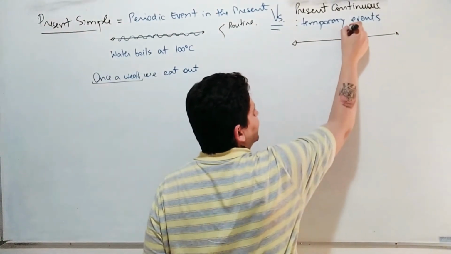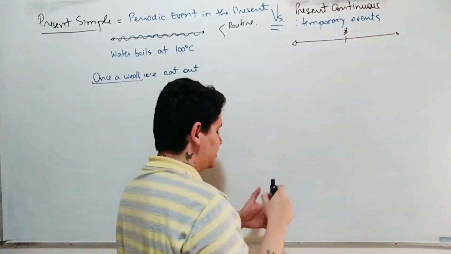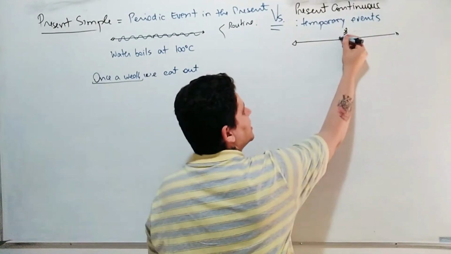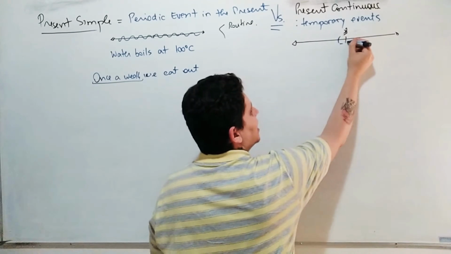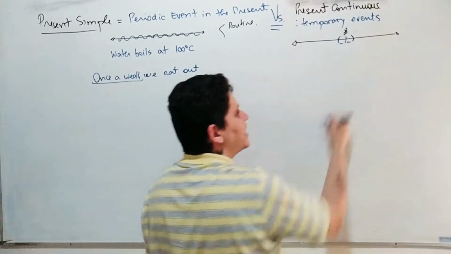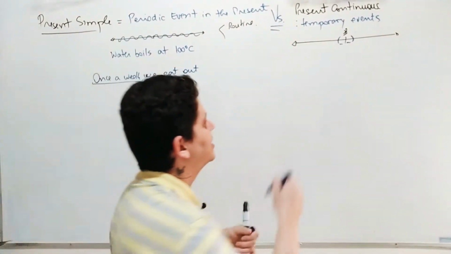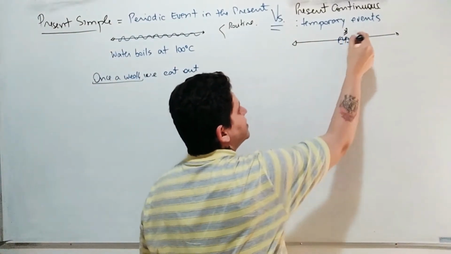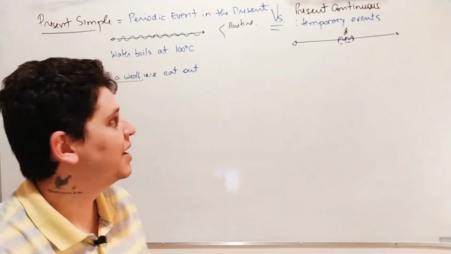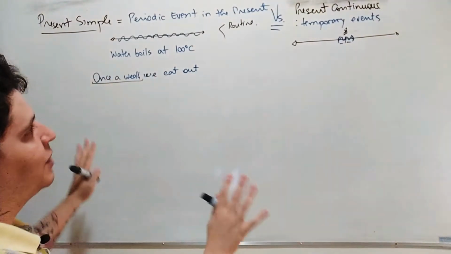We are here right now, we are in the middle of doing something. We started this something sometime in the past. We will finish this something sometime in the future, and we are right in the middle of the process. So that's what we use the present continuous for. Okay? So we can see that they are completely different.